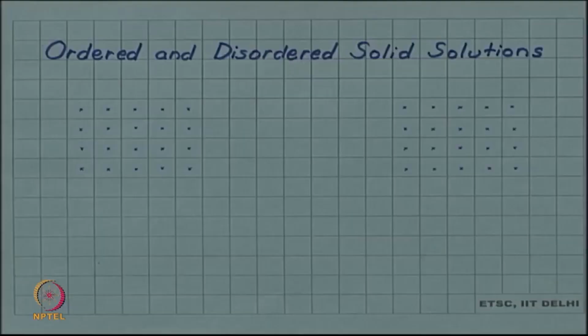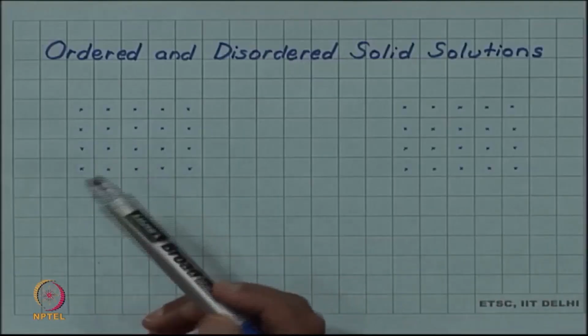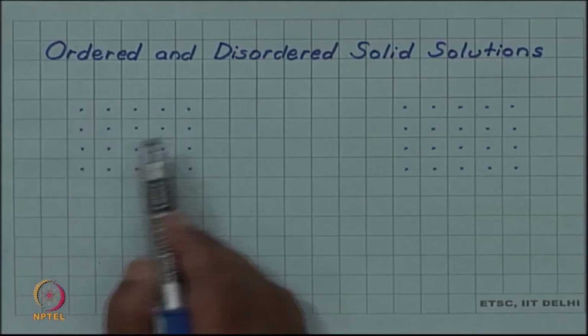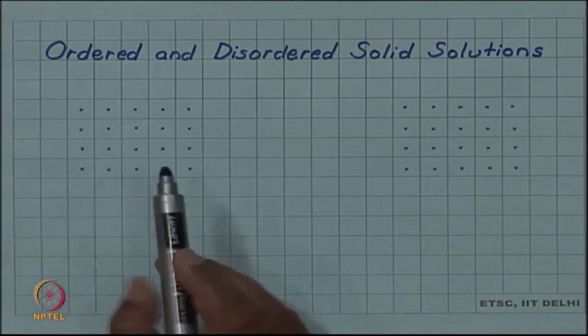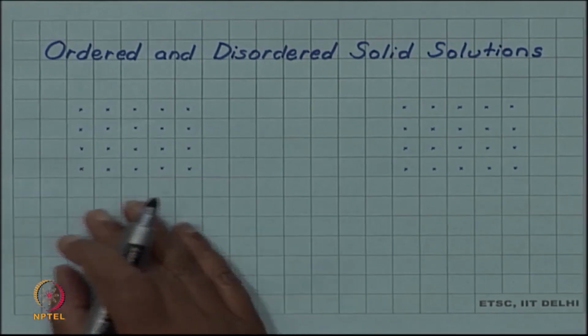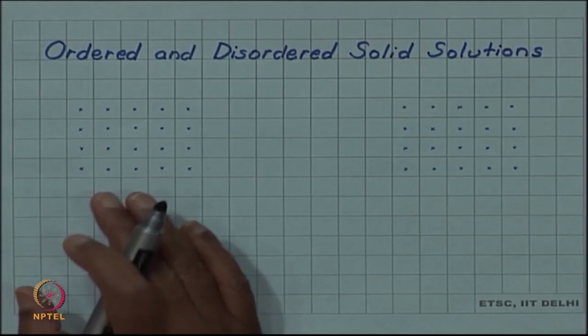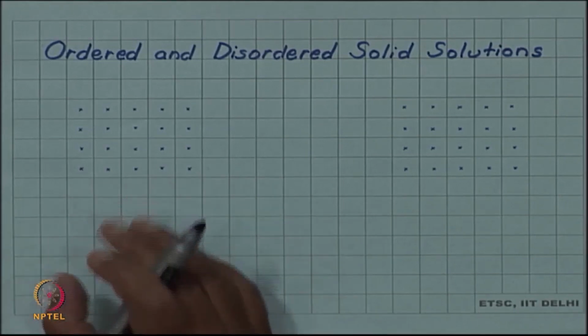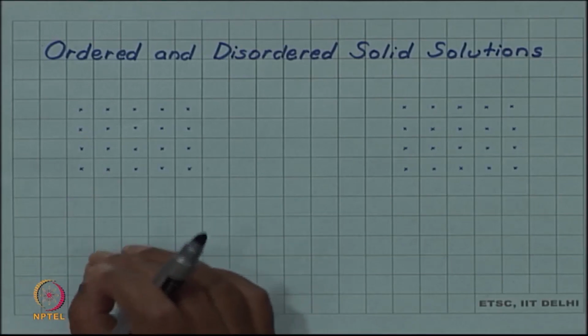So, let us begin with a two dimensional example, and let us consider this 2D lattice of 4 into 5, 20 sites, and I wish to populate these 20 sites by 10 A atoms and 10 B atoms to form a substitutional solid solution.